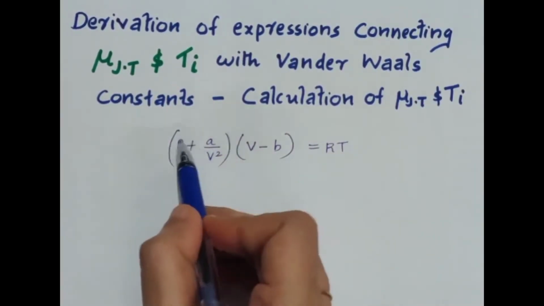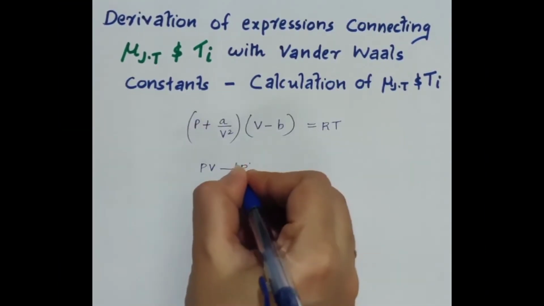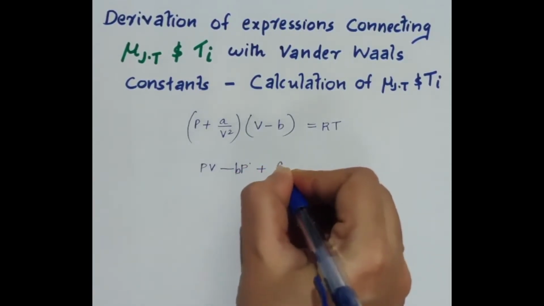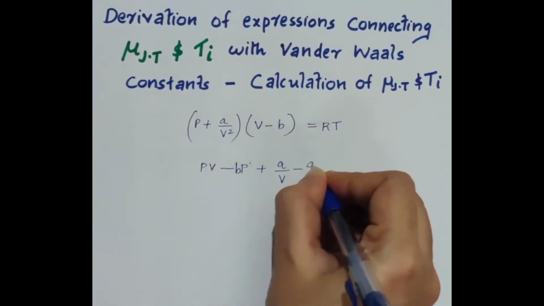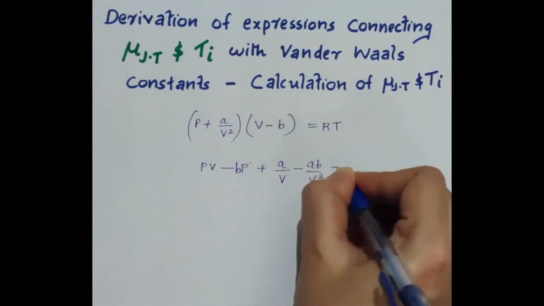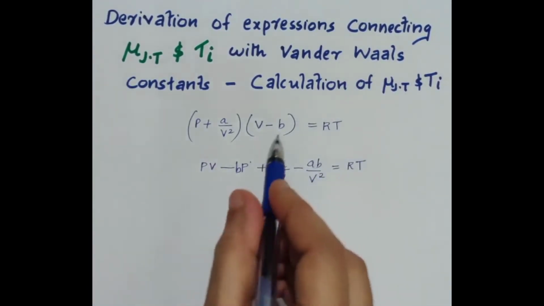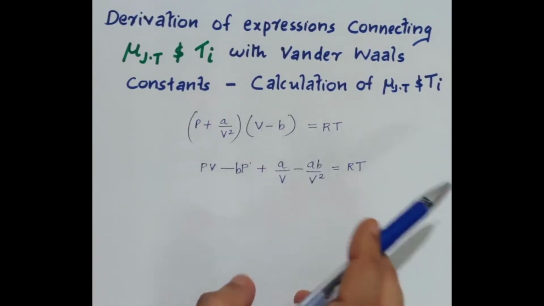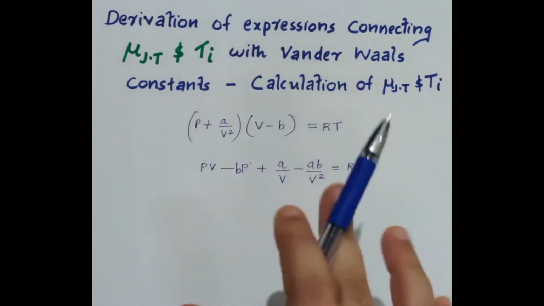Expanding, PV − bP + a/V − ab/V² = RT. Since a and b are very small, the term ab/V² can be neglected.